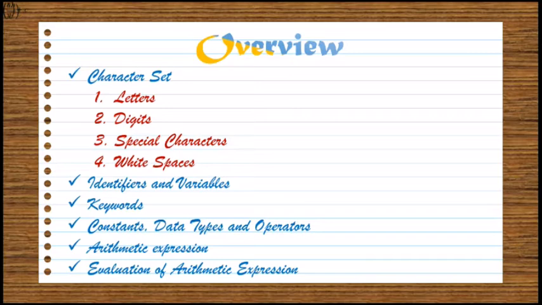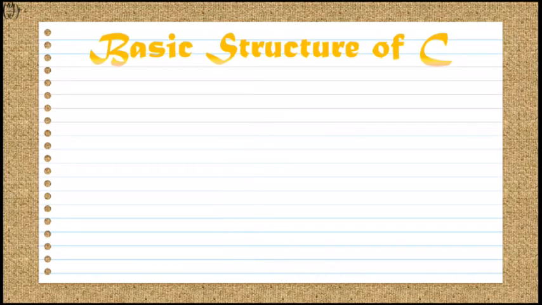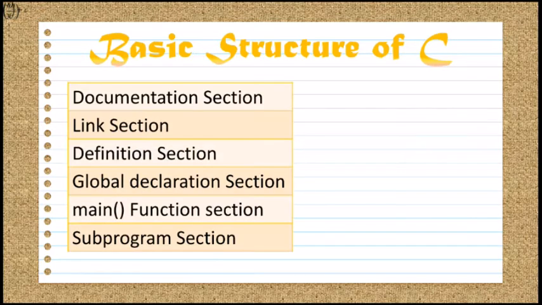So before starting with how C program is created, we must know the basic structure of C program. Basic C program is divided into various sections. Every C program has certain compulsory part and certain optional part. There are 6 sections in basic structure of C. First one, documentation section.